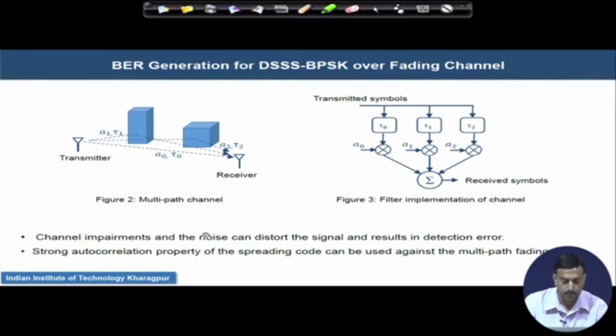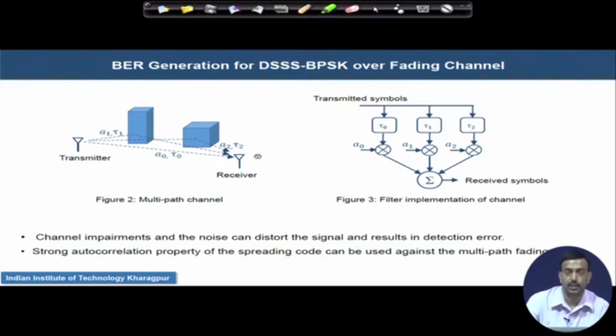Now, one of the advantages of using a spread spectrum system over conventional BPSK is that, to a large extent, it can help mitigate multipath fading, because after all, the spreading process spreads the signal over a wide bandwidth, but the strong autocorrelation property of the spreading code can be made use of in order to mitigate the multipath effect.